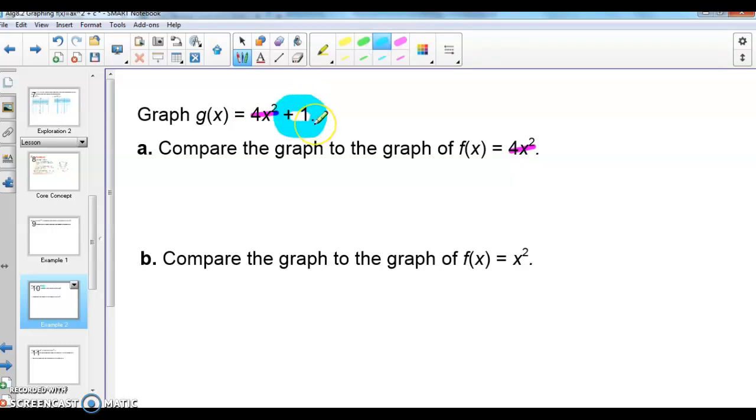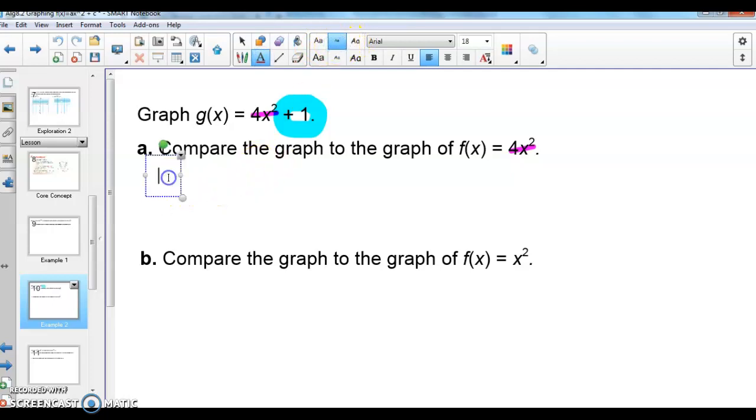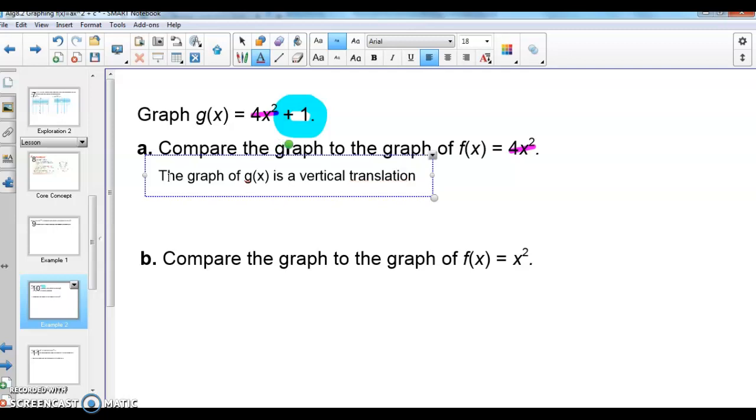So how does positive 1 change the graph of 4x squared? We learned earlier that if a constant is being added to the function, it results in a vertical translation upward. So let's write that down. We say the graph of g of x is a vertical translation. How many up? We said 1 up. So 1 unit up of the graph of f of x.